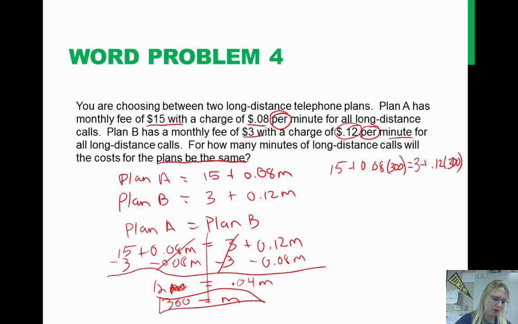Okay, 0.08 times 300 is 24. So 15 plus 24, does that equal 3 plus 36, which is 0.12 times 300? 15 plus 24 is 39, and 3 plus 36 is 39. So yes, they are both equal at 300 minutes.